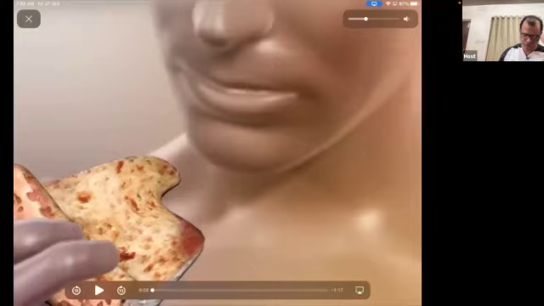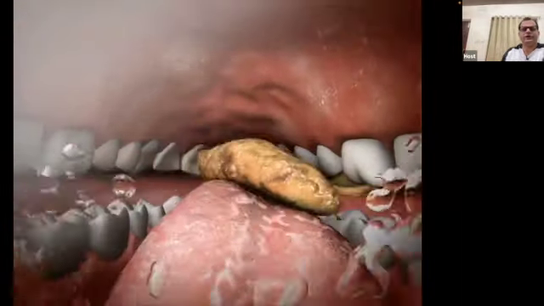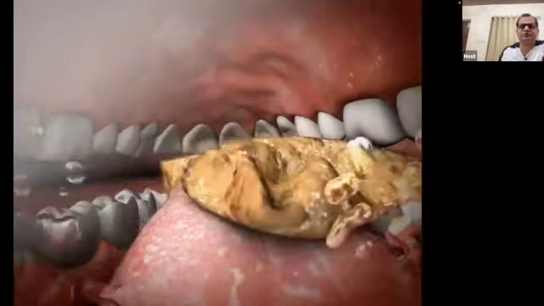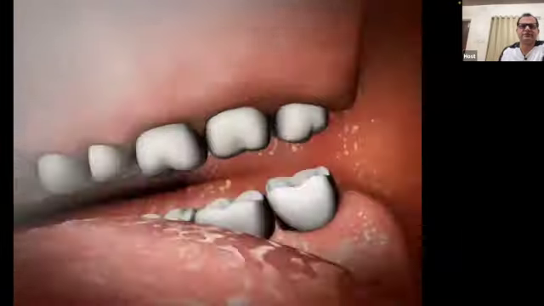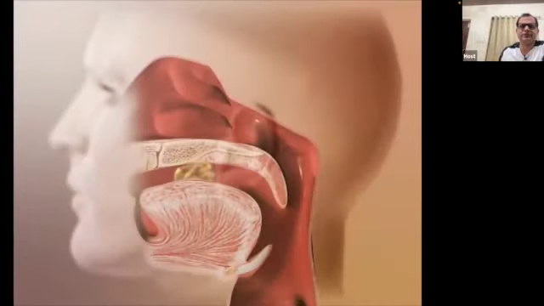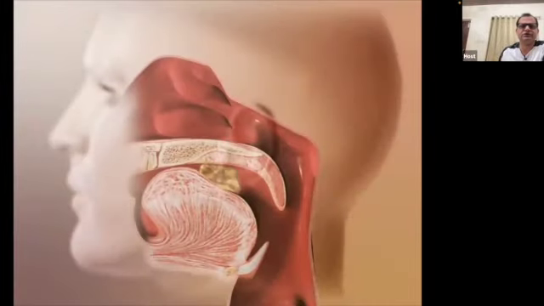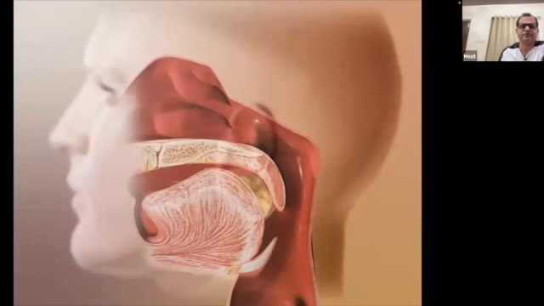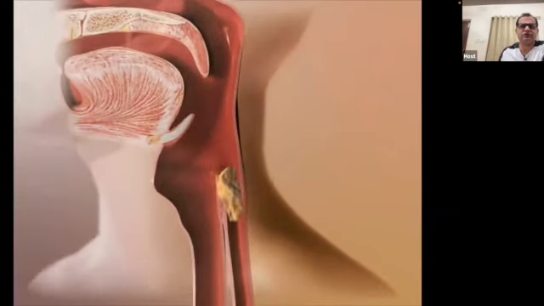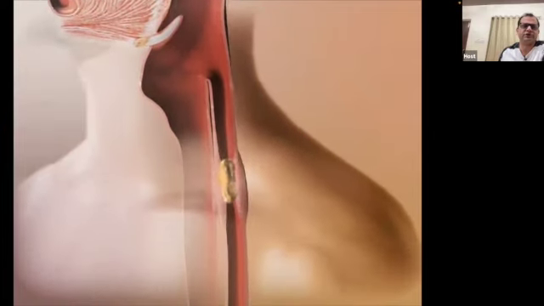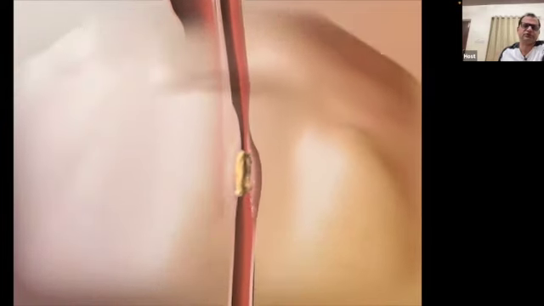Let's see here. So first we are eating the food. Then we are crushing the food with the help of teeth and tongue, mixing saliva. Then food is going into the food pipe. We can see the food is going back. Then we can see this structure is not allowing food to go into the air pipe. Food is going into the food pipe.